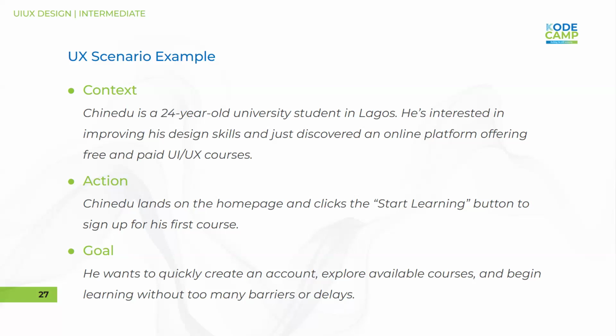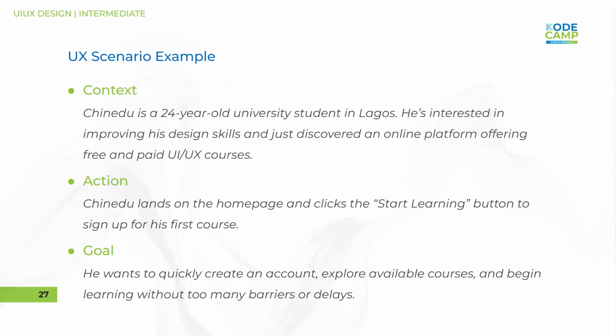The action is that Chinedu will land on the home page, and then click the start learning button to sign up for his first course. And what is the goal? The goal is that he wants to quickly create an account, explore available courses, and begin learning without too many barriers or delay.